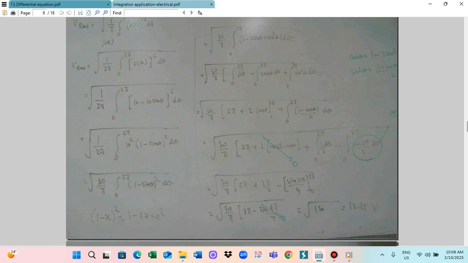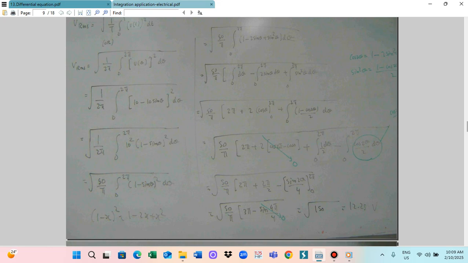Then we solve this here. So this is square root of 50 by pi, times 2 pi plus 2 (cos 2 pi minus cos 0), and then integrate the half d theta from 0 to 2 pi, minus integration 0 to 2 pi cos 2 theta by 2 into d theta.